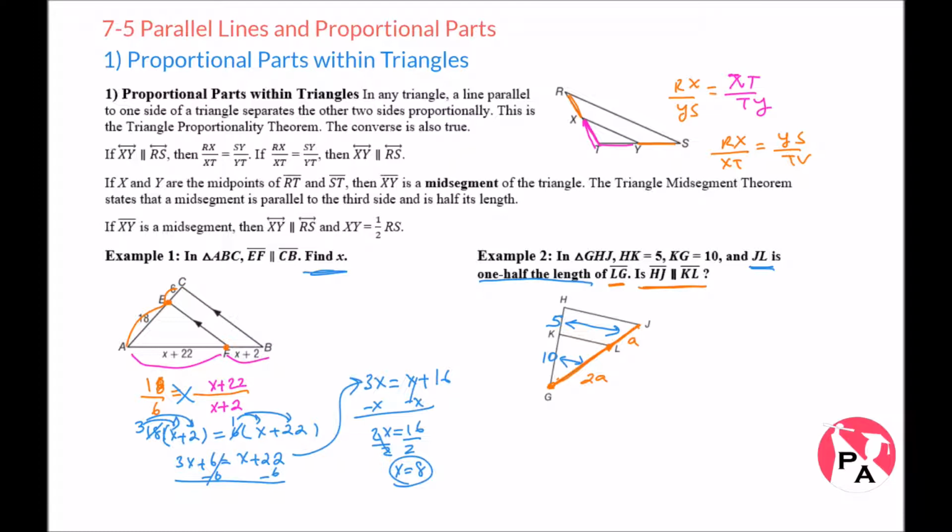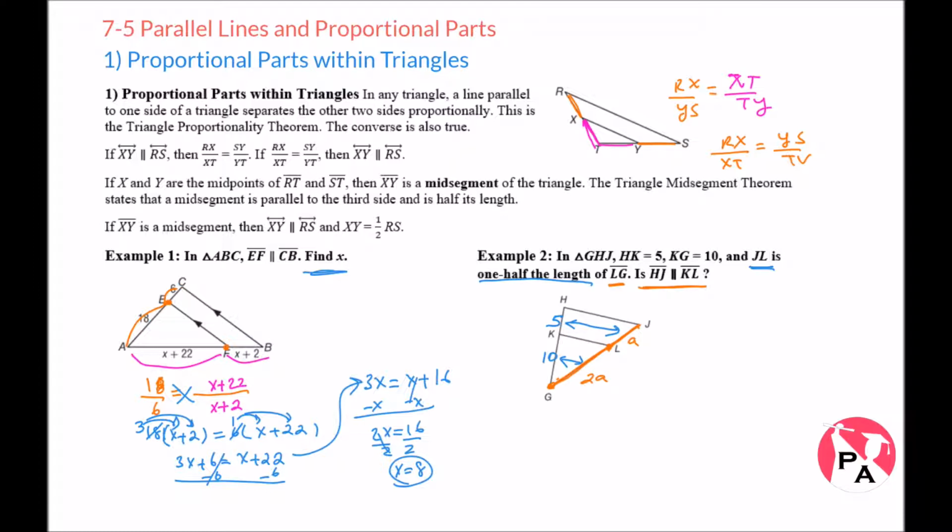That is the question. To answer this, I want to go over this part right here. So if Rx over xt equals Sy over Yt, that means this segment over this one is equal to Ys over Ty, then we say xy is parallel to Rs. So if we go back to our question, for us to say that these two segments are parallel, 10 over 5 must be equal to 2a over a.